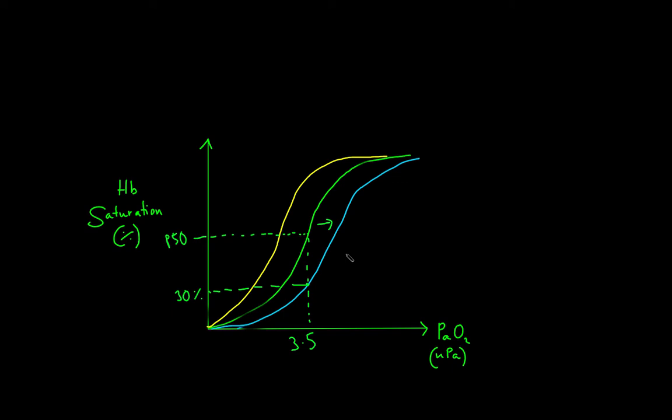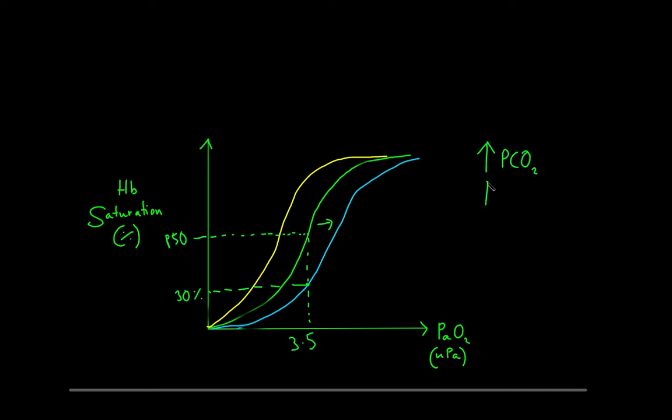And those sort of times where that actually happens are cases where the body needs the oxygen to be released. So that would include things like an increase in PCO2, so the partial pressure of CO2, increase in temperature, in acidotic environments, so that would mean situations where you have a high H plus ion concentration, or otherwise can be known as a low pH.